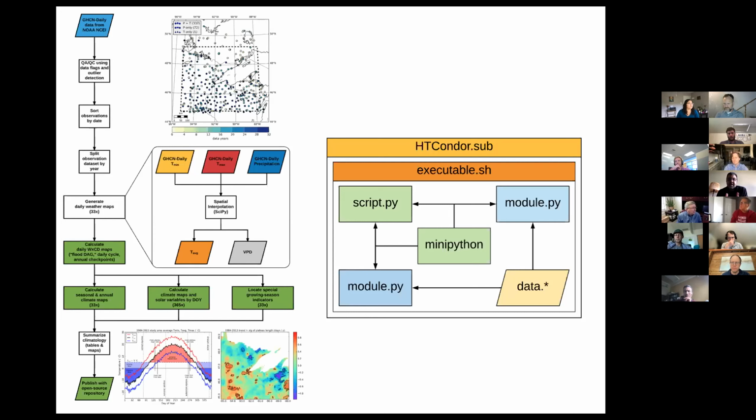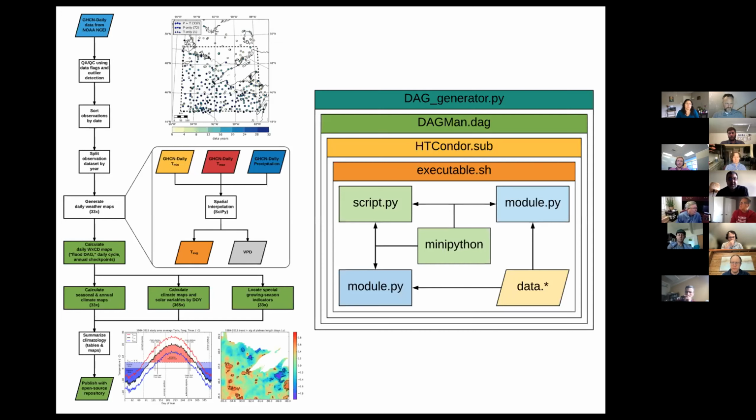And inside that are the data pieces, the Python, the modules that I need, and the scripts that actually do the analyses that I'm looking for. When I string a lot of those together, we can work in the directed acyclic graph mode, and there's a manager for that written on top of HTCondor here.